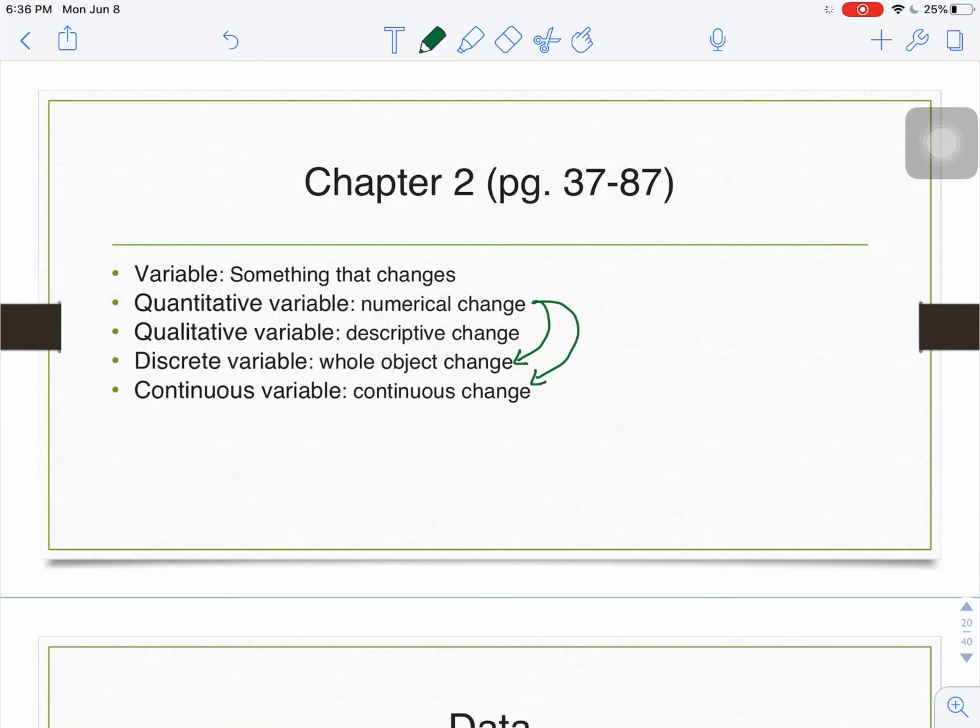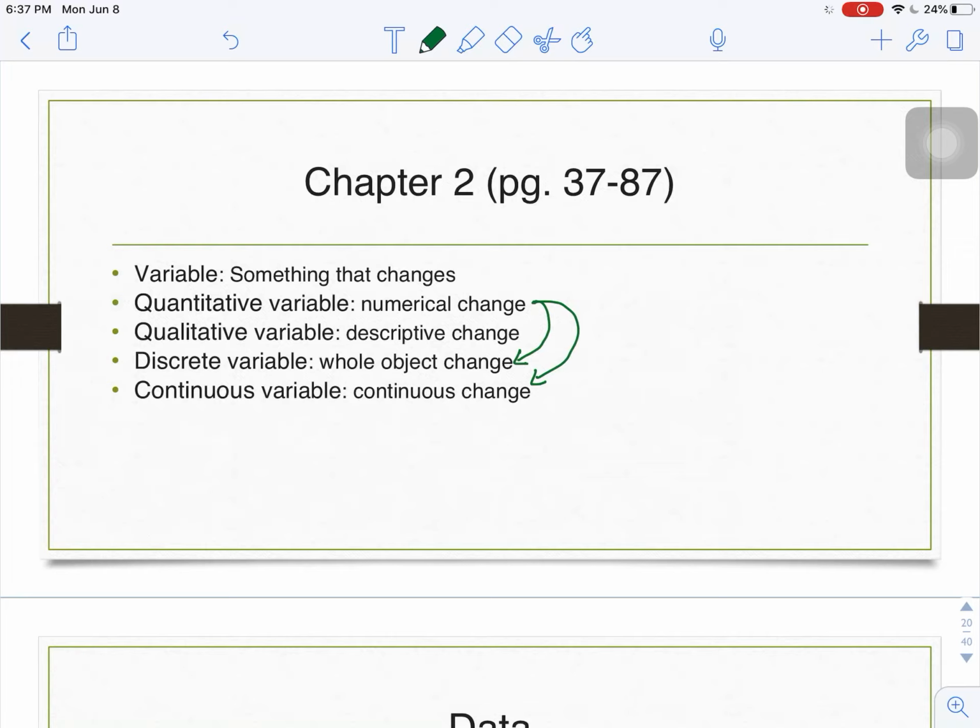So discrete means that their whole object changes. So if I ask how many students drive cars, I'm actually giving you two different discrete variables. Students, because the number of students is always going to be represented in whole numbers, and the number of cars, that's always going to be represented in whole numbers.